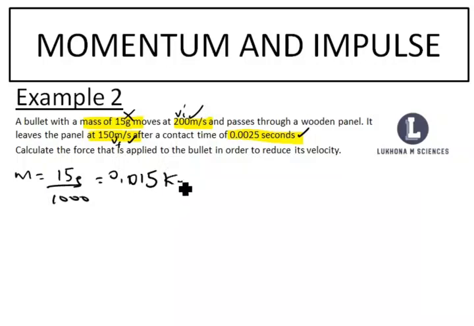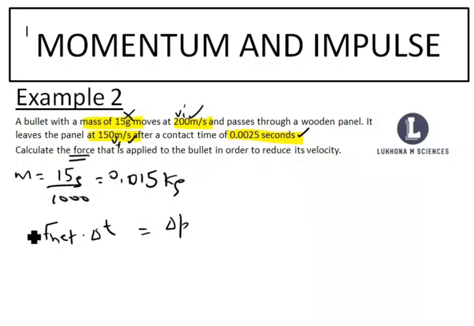Right? Then the question says calculate the force that is applied to the bullet in order to reduce its velocity. Remember the formula for impulse: F net times delta t is equal to change in momentum. Then we are looking for the force.